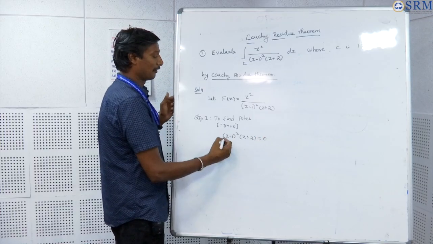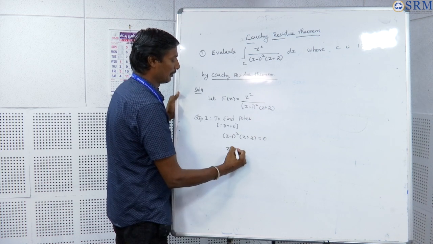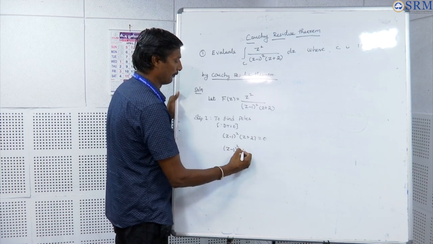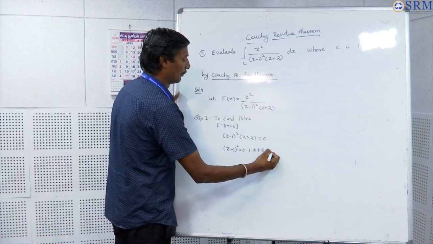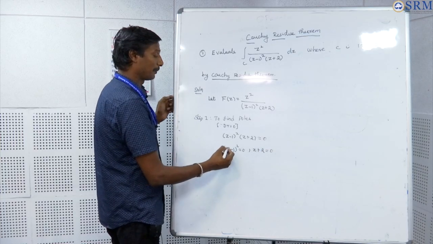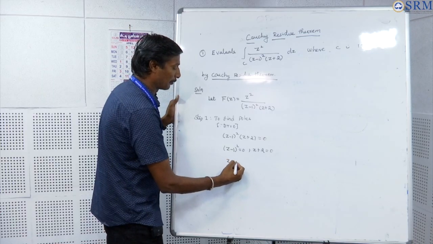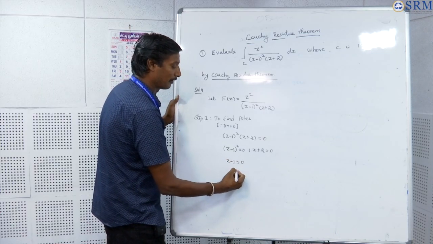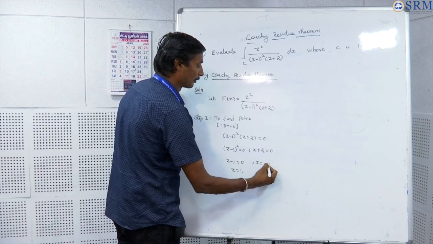This equation can be written as (z minus 1) whole square equal to 0 and z plus 2 equal to 0. So z minus 1 equal to 0 gives z equal to 1, and z plus 2 equal to 0 gives z equal to minus 2.